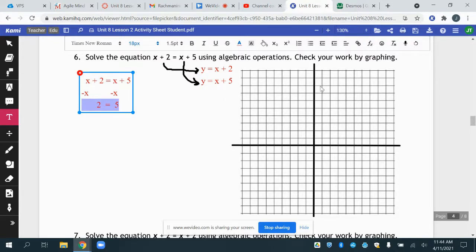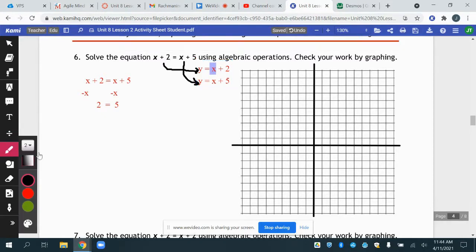All right, what does this look like in a graph? Well, these each have a slope of 1, and they have different y-intercepts. So let's graph them really fast, and we'll see what it looks like. One y-intercept is at 2, and it has a slope of 1, so I'm going to go.